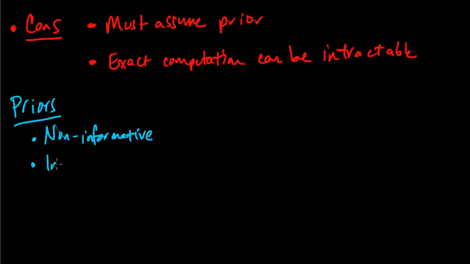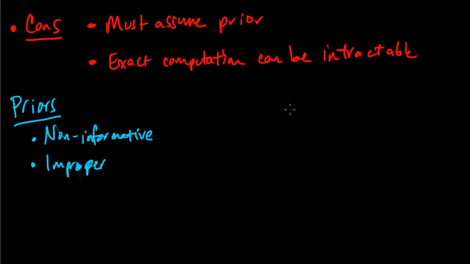Another, a specific type: often improper priors are used when you're trying to get a non-informative prior, and an improper prior, all that means is that it's not a probability distribution. It's improper.